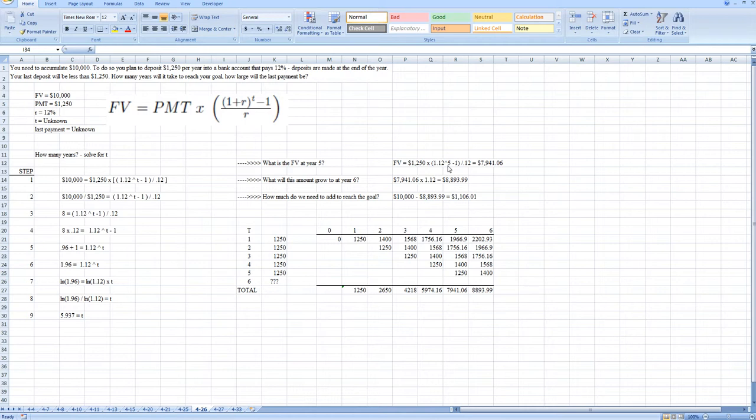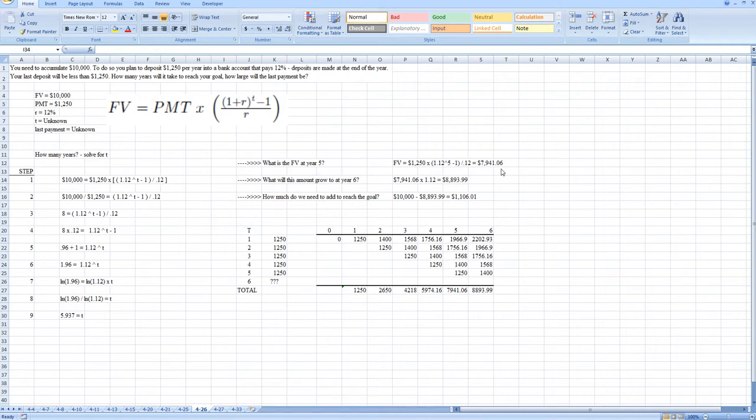Remember, we're doing it 5 years forward, not all the way at year 6, minus 1. And we find that that is equal to an amount of 7,941.06. So what this is telling us, at the end of year 5, our account will have a balance of 7,941 and change.